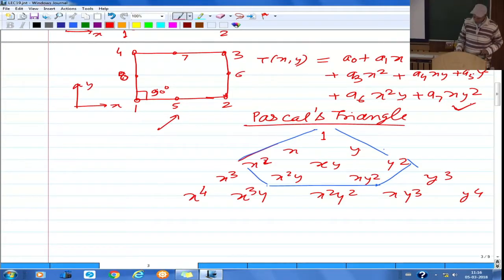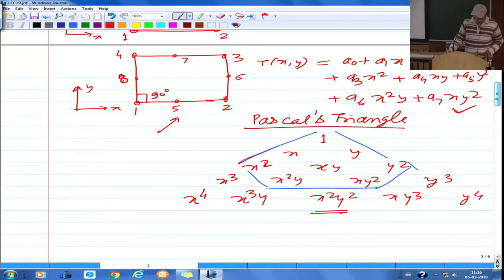Obviously it should be geometrically invariant. So in addition to these 8 terms, you will use the 9th term as x square y square, so plus a8 into x square y square. This is how we will choose the approximation of the field variables within either triangular or rectangular elements formulated directly in the physical coordinate space.